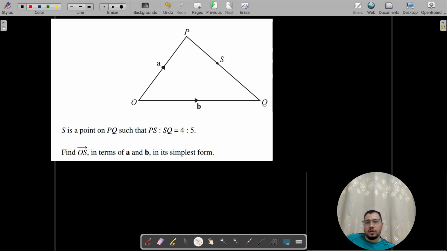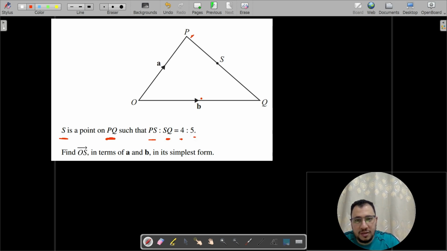Okay, now let's take a look at this question here. The most important thing here is to try to analyze the question and write your data on the diagram. S is a point on PQ, okay, we can see it here, such that PS to SQ is 4 to 5.